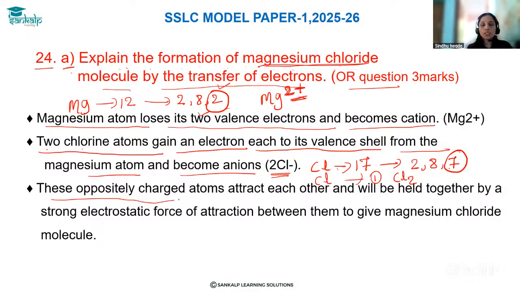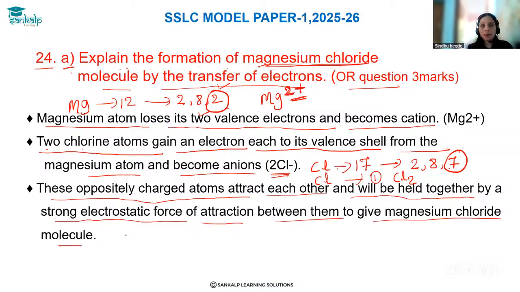These oppositely charged ions attract each other and are held together by a strong electrostatic force of attraction between them to give the magnesium chloride molecule.